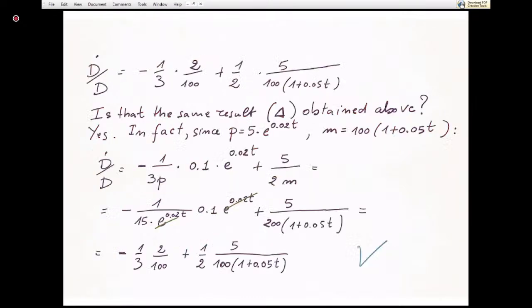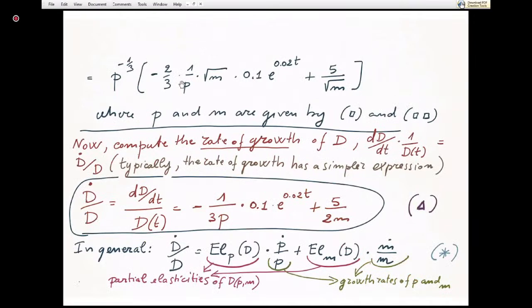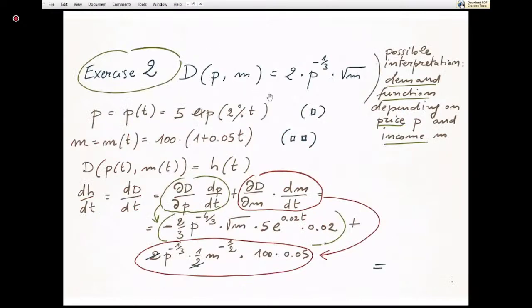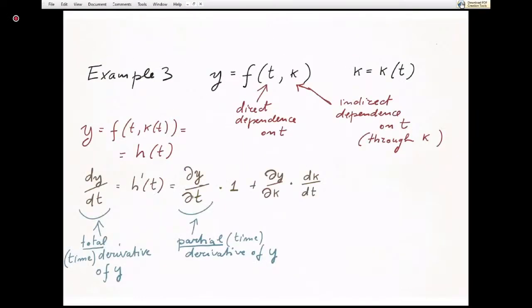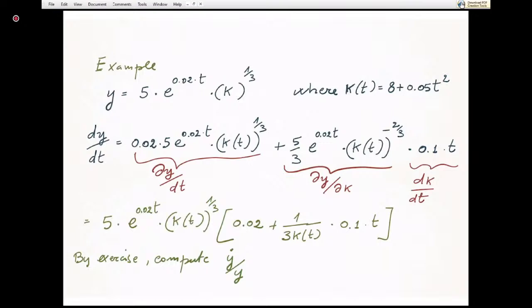And with this one, in which we have a true dependence on two variables, with the request to compute, for instance, the time growth rate of the dependent variable or the time derivative of the dependent variable, these would be possible exercises for two variable functions, okay? So this is another type of chain rule that you should care most about, these models.